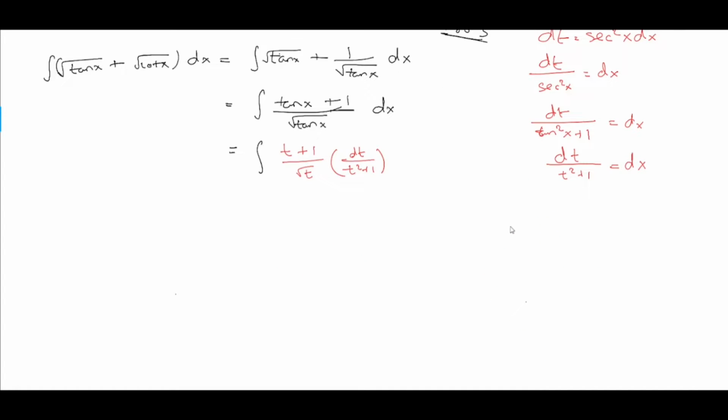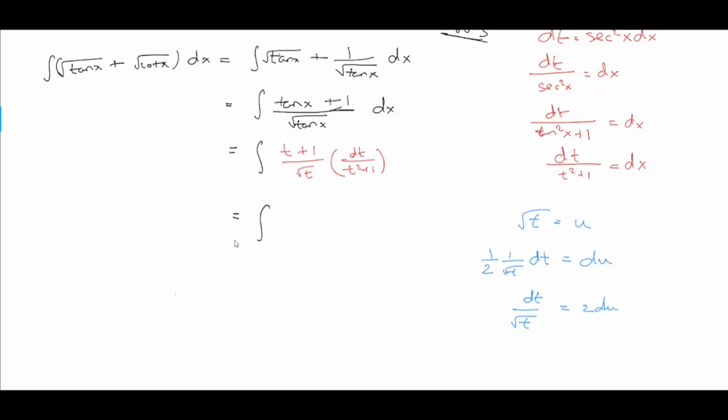Cool. I have to get rid of this root t. If I get rid of it, my other terms seem simpler to solve. So for that reason, I'm going to say root t is some u. So I'm going to have half times 1 by root t dt equals du. That makes dt by root t equal to 2 du.